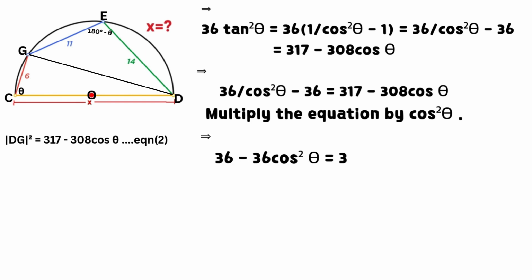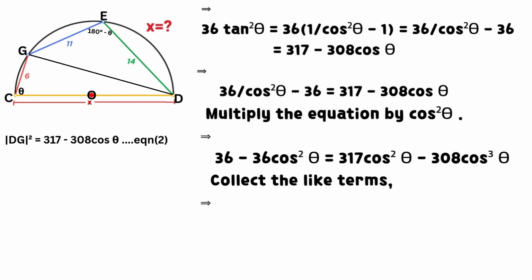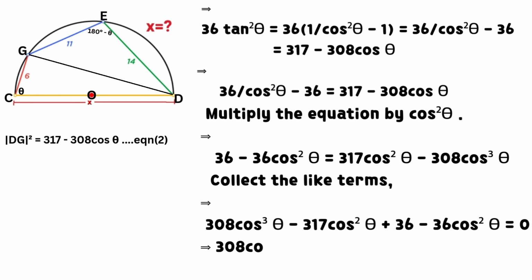It follows that 36 minus 36 times cosine square theta equals 317 times cosine square theta minus 308 times the cube of cosine theta. Collect the like terms. Hence, 308 times the cube of cosine theta minus 353 times cosine square theta plus 36 equals 0. After simplification of values.